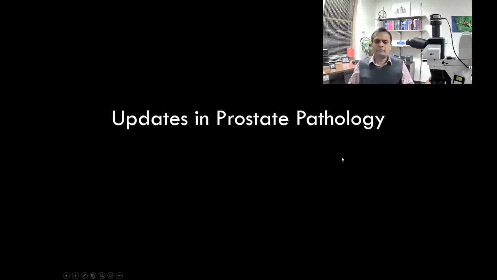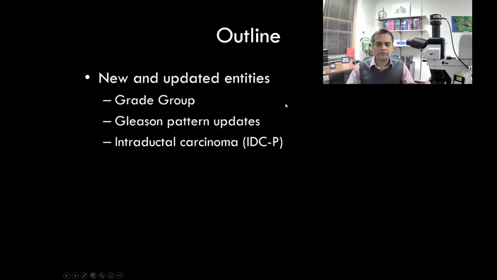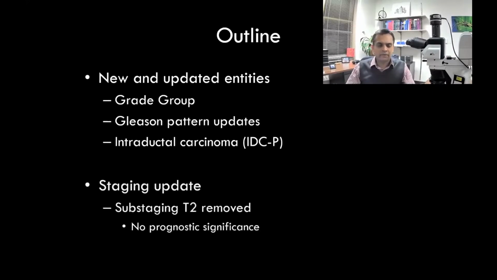Let's go ahead and look at some updates on prostate pathology before we take a brief break. So the outline will be similar to what we had for bladder pathology. I'll just talk a little bit about the new entities and updated entities, and then there is actually nothing that happened in the staging of prostate cancer.